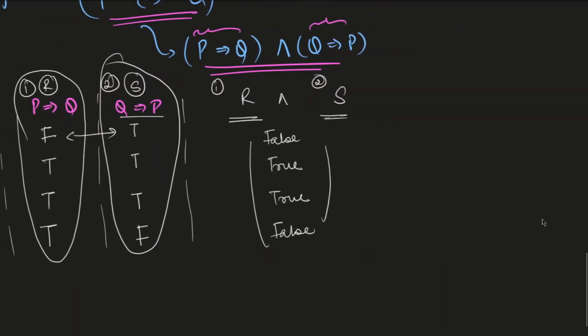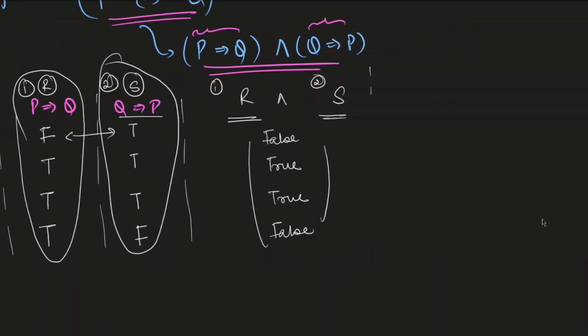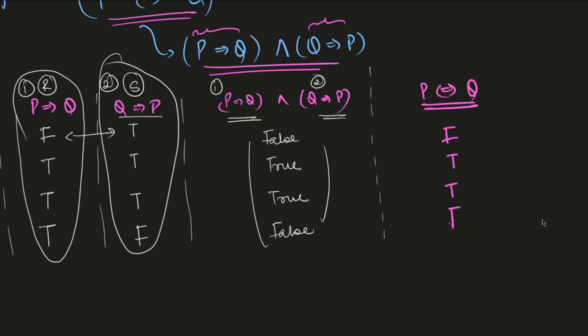And because we just said that this is equivalent to a double implication, we can rewrite it first here. Let's just say this is P implies Q and Q implies P. And this is the same as P, Q. And this is false, true, true, false.